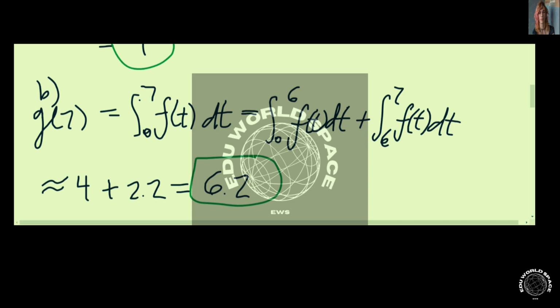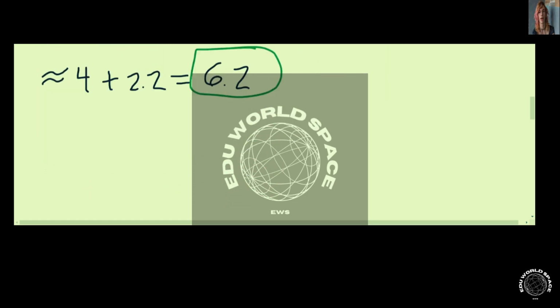In part C, we're asked to determine where the function g has a maximum value and where it has a minimum value. Well, notice that if we begin at t equals 0, from our results from parts A and B, the maximum amount of positive area is added when t reaches 7.